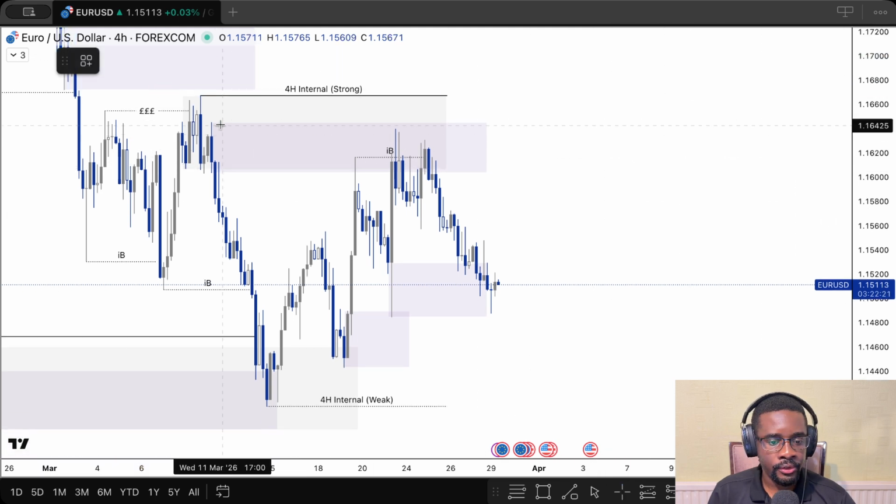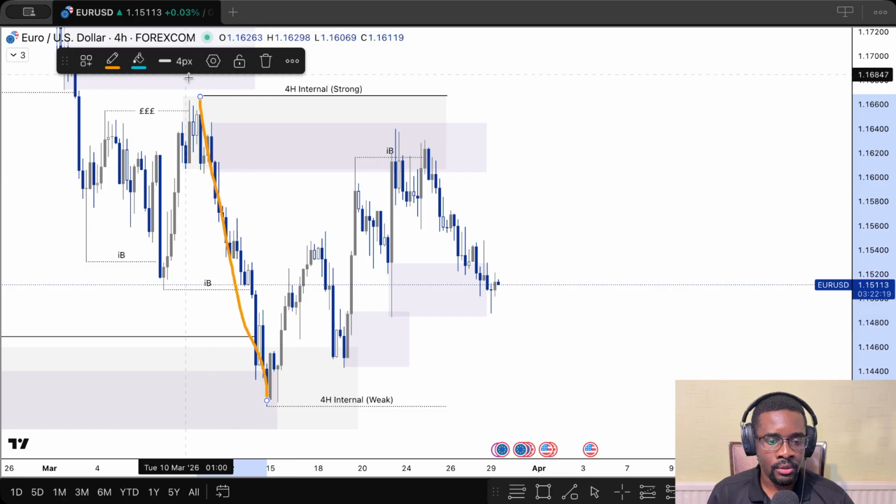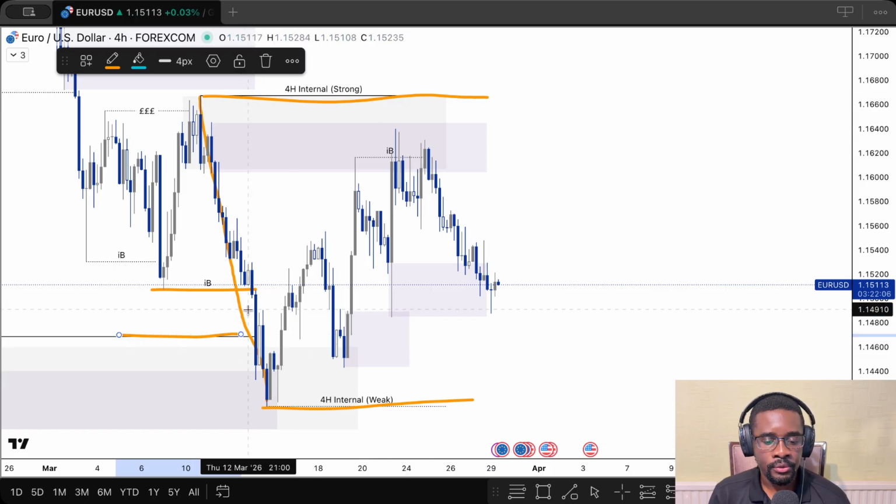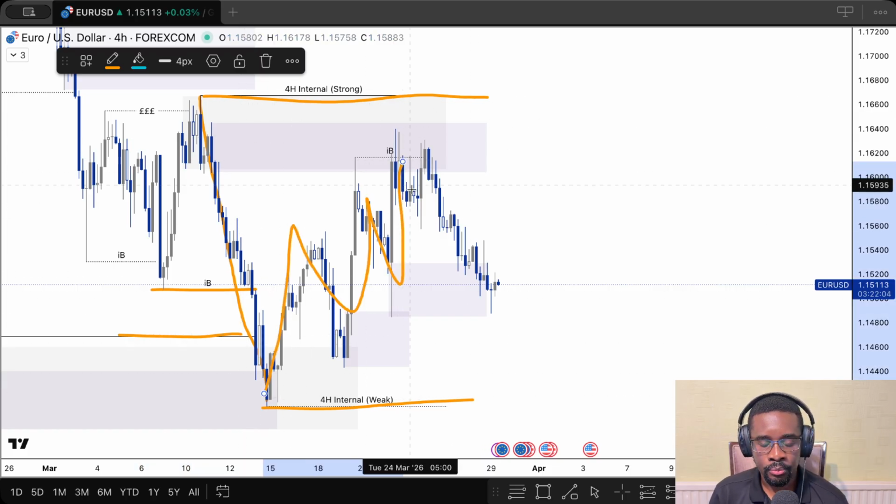This is our leg down, this is our high, this is our low. We had break of structure, bearish internal, and break of structure, bearish swing. And then internal to this range, price has been bullish. We mitigated the extreme, and then we've been reacting, coming down from there.